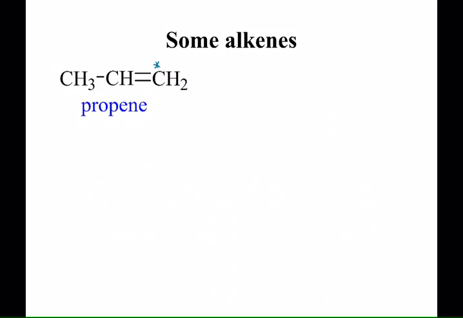There's your 4. If we go out here, 4 things: hydrogen, hydrogen, hydrogen, single bonded to a carbon. So we use the prefix PRO for 3, and ENE for an alkene. So propene is what this is.